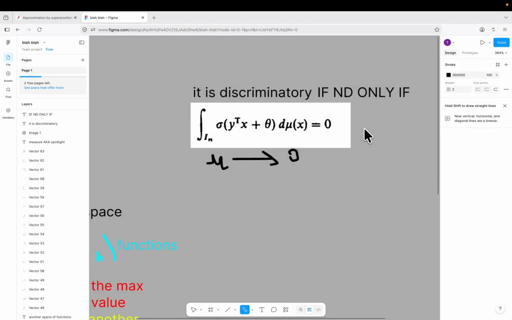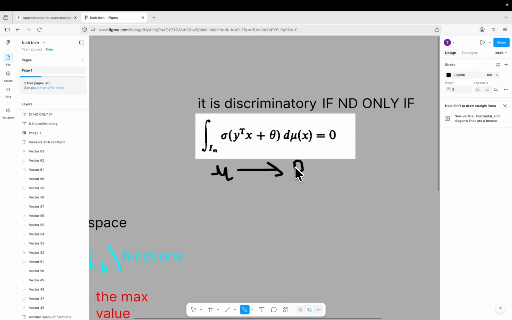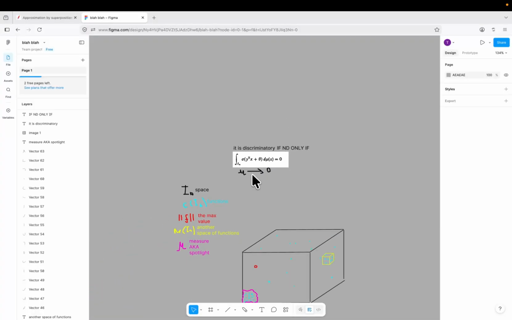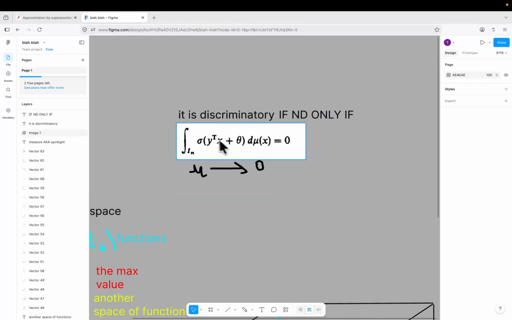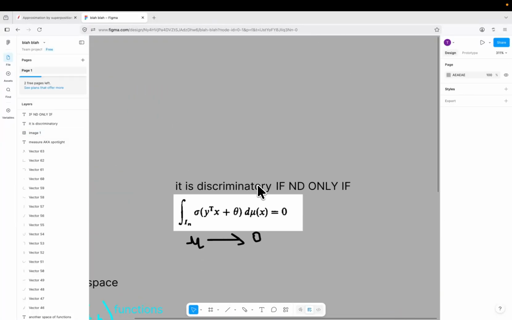So basically what it's saying is that if mu is 0, it's actually worthless. It's blind to everything. So what we're saying is that we cannot create a mu that would be meaningful, that is not 0, that would be able to distinguish sigmoids from non-sigmoids.